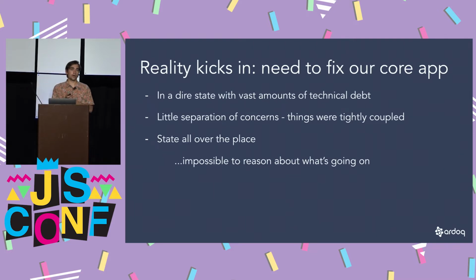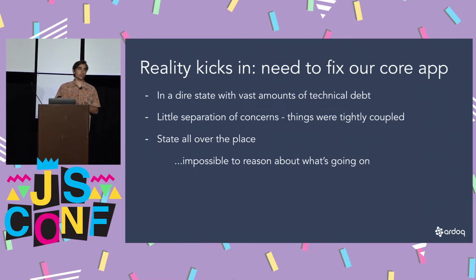So as I said, Ardoc is a startup, and for the first 4 years, we were trying to find product market fit. And what that meant was that we needed to add a lot of new features without thinking much about technical debt or dealing with that. And in the JavaScript world, that also meant that we took a lot of shortcuts, introduced a lot of new libraries, and it led to a mix of paradigms that don't mix well together.